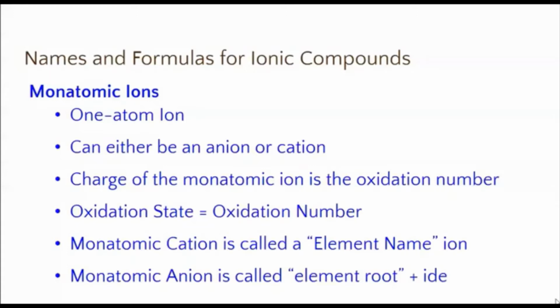For transition metals, remember you have to have the charge in Roman numerals and brackets right attached to the element name. For an anion, it's the element root plus ide. So that is your nitrogen family, your oxygen family, and your fluorine family. And so that would be like nitride, oxide, and fluoride.